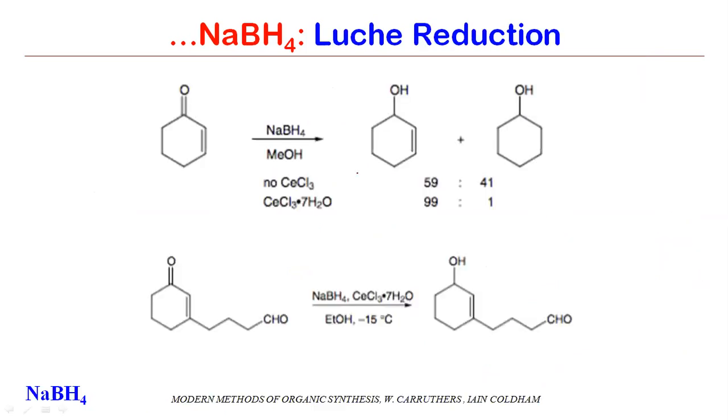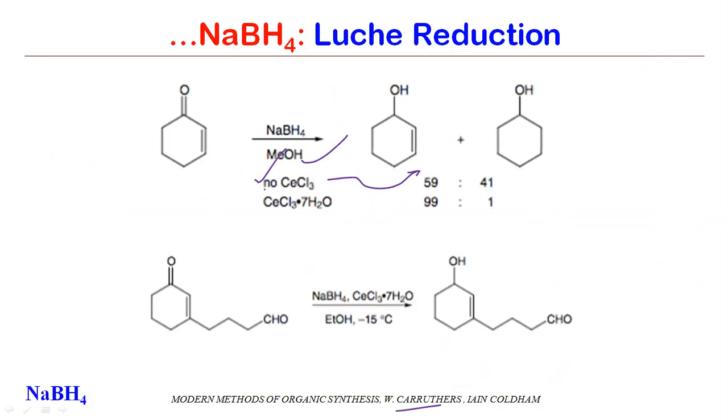All right. So these are two examples from Carruthers book. Here you can easily see that this is the alpha beta unsaturated carbonyl compound, and we are treating with sodium borohydride and methanol, a protic solvent. When we are not taking any cerium chloride, any CeCl3, then we are getting a mixture of products in this particular case.